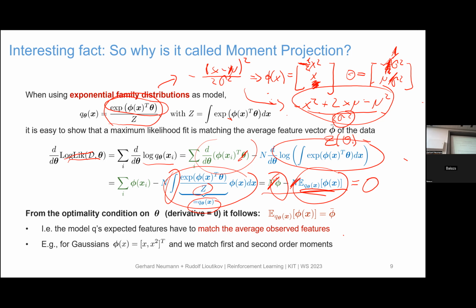The average feature counts of my samples from P need to be the same as the expected features from Q.